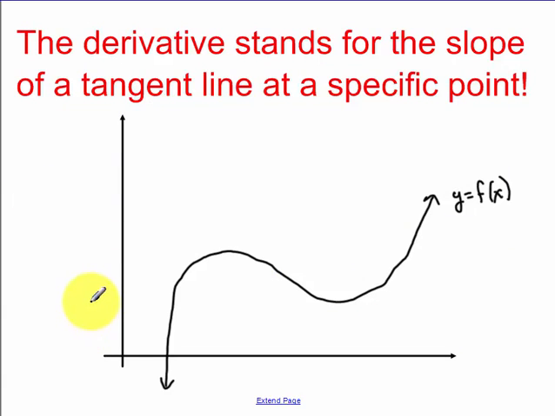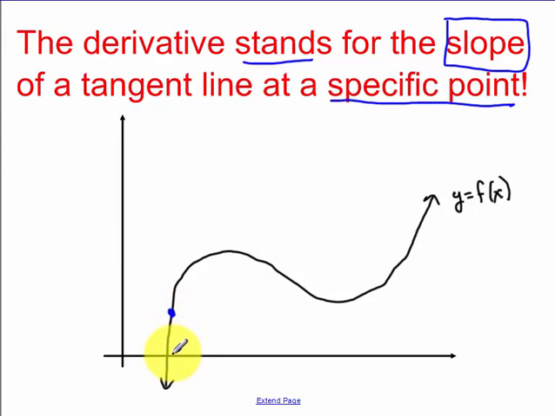Okay, so as I was just saying on the last slide, derivative stands for the slope of the tangent line at a specific point. Say we have a point here, let's call that x, and then we have another point here, let's call that a, and we look at the slope of the line through those points.